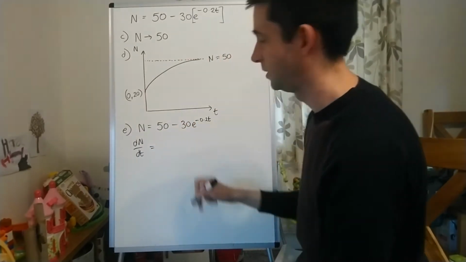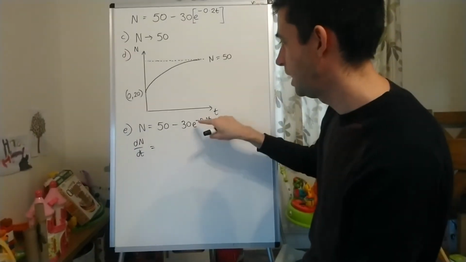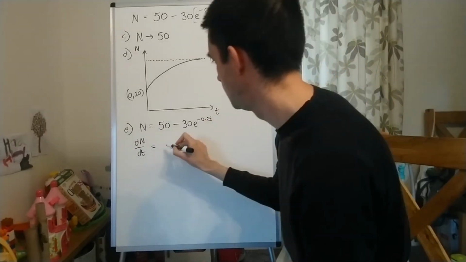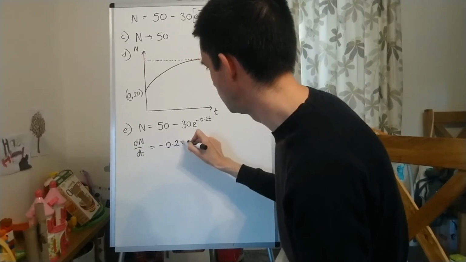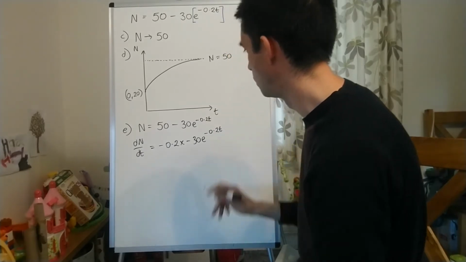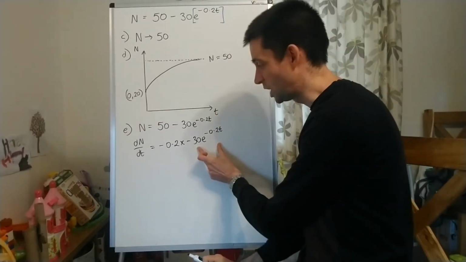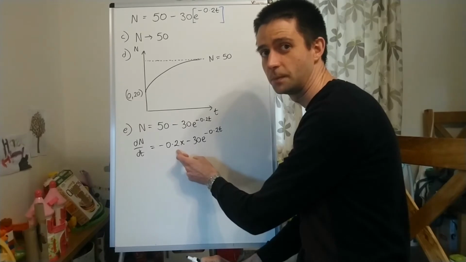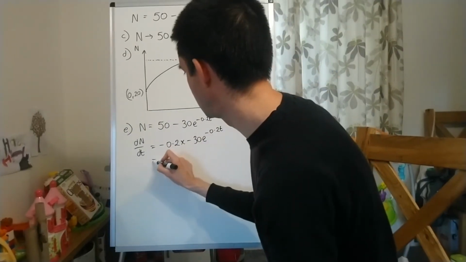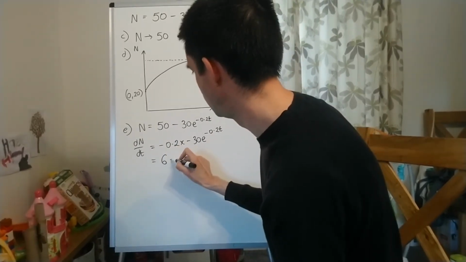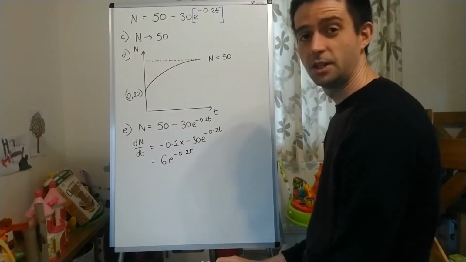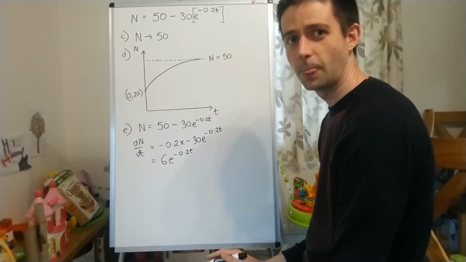Now 50 differentiates to nothing, and to differentiate this e, I'm going to multiply by the number here, the coefficient. So it's going to be negative 0.2 times by negative 30e to the negative 0.2t, because the e bit doesn't change, just multiply by that coefficient. And 0.2 times by 30 is 6, negative times negative is positive, so my expression for dn dt is 6e to the power of negative 0.2t.